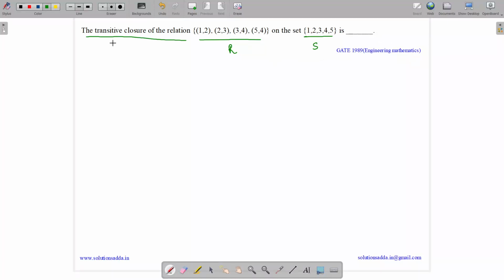So what is a transitive closure? Transitive closure of R is a minimal relation which is transitive and has all elements of R.